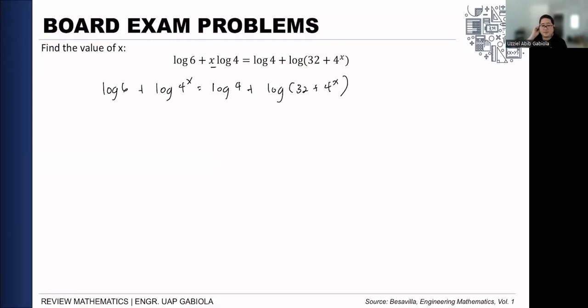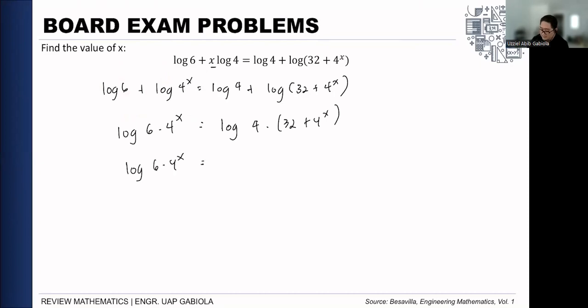Okay? And then, since itong dalawang term na ito naka-plus, pwede natin pagsamahin. So, magiging siyang log of 6 times 4^x. And then ito, same din, naka-plus siya. Magiging siyang log of 4 times (32 plus 4^x). Okay? Then simplify lang natin.